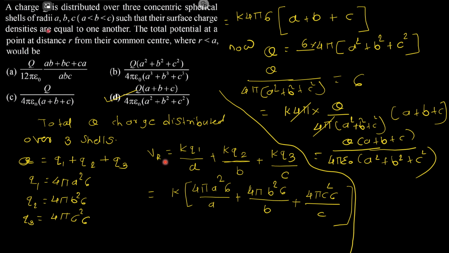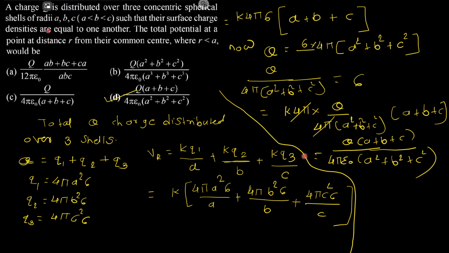Now at point R we can write the equation kq1/a + kq2/b + kq3/c, because that point, which we denote by capital R, lies inside all three concentric shells. Now what can we take common here?